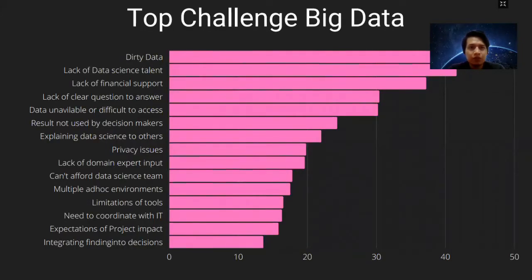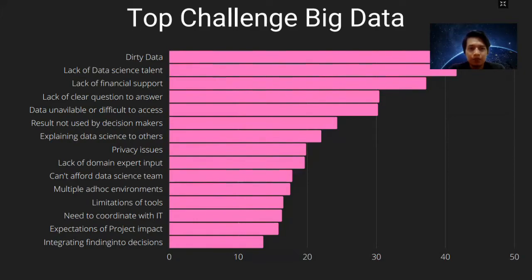Next, the top challenges in big data. First, we have dirty data, and then the lack of data science talent, which is nowadays there's not much talent regarding data science, and then a lack of financial support.